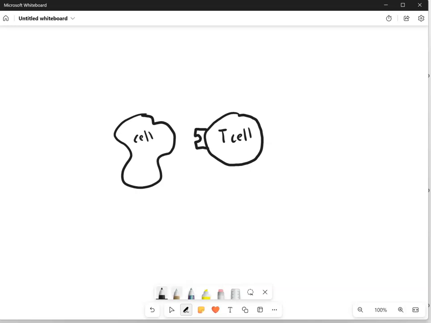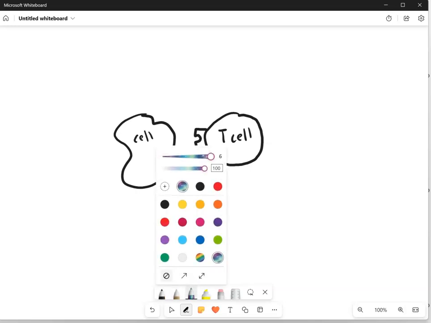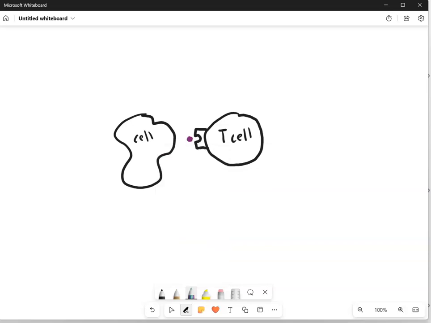And that receptor is hoping it will bind to the antigen that is being presented. And that antigen is being presented on MHC from the other cell. So the other cell presents that antigen using its MHC, and the T cell asks, does that antigen fit the binding site of the T cell receptor?